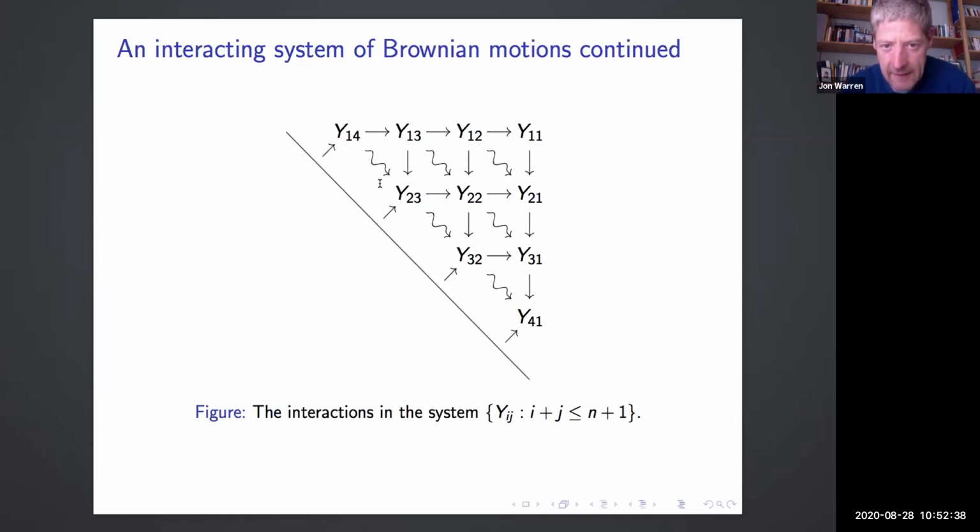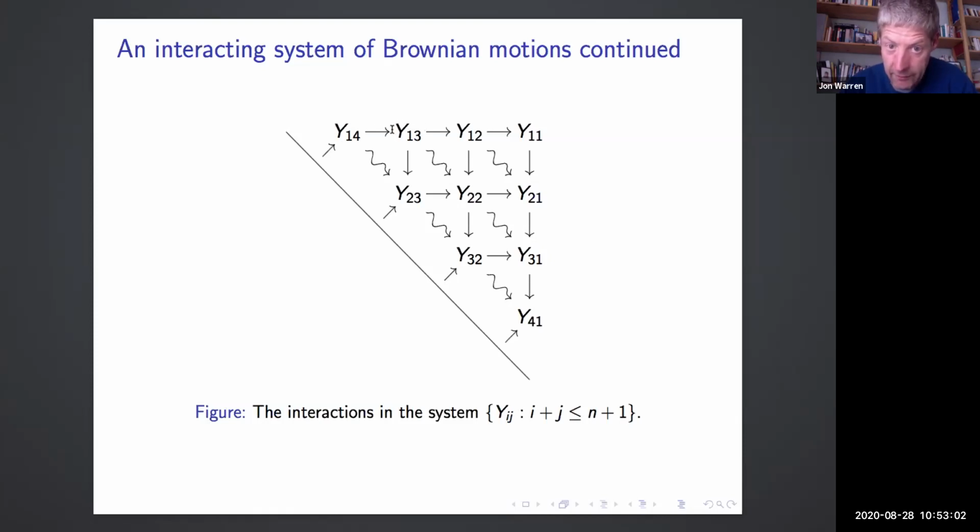The various lines on this diagram are telling you how the Y's are interacting with each other. So this first arrow here just tells you that Y14 is pushed away from 0. The only impulse is the one that keeps it above 0, so that is in fact an ordinary reflected Brownian motion with a wall at the origin.